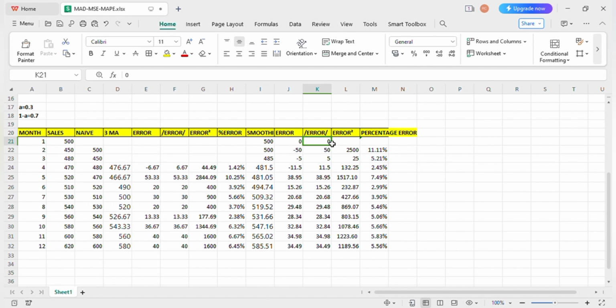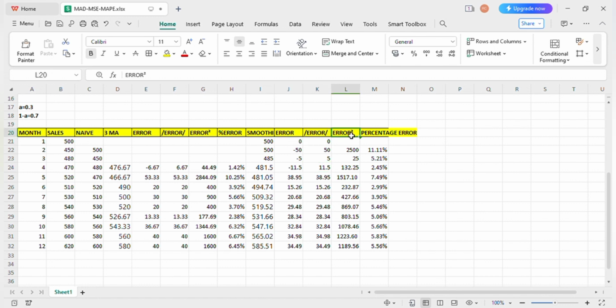We have only three negative signs here, and we convert the negative 50 to positive 50, negative 5 to positive 5, and negative 11.5 to 11.5. And the rest, we only copy because the rest of the results are positive.